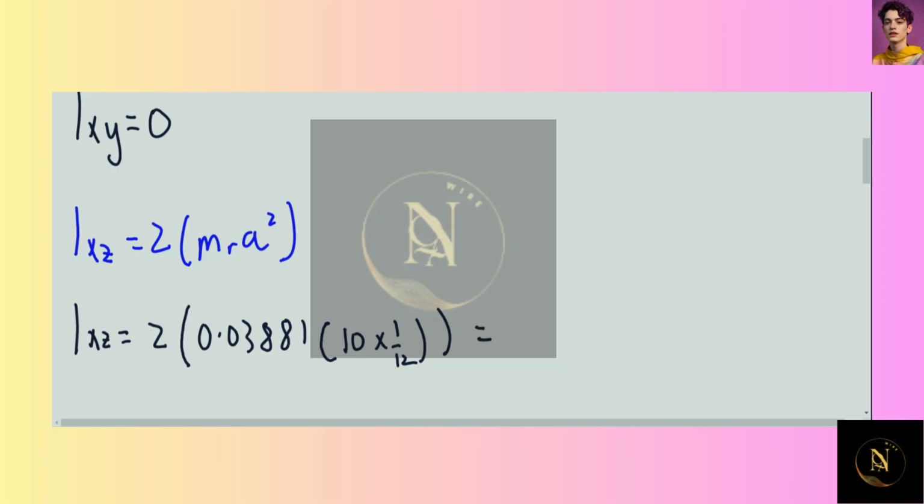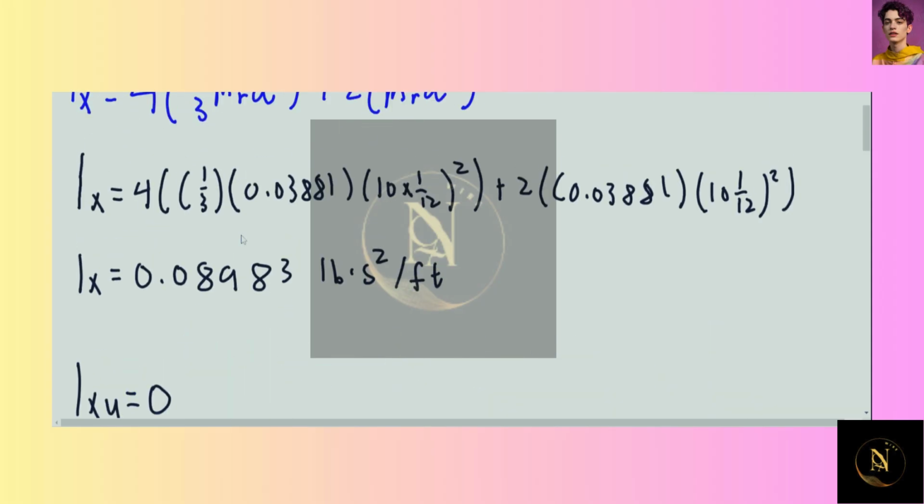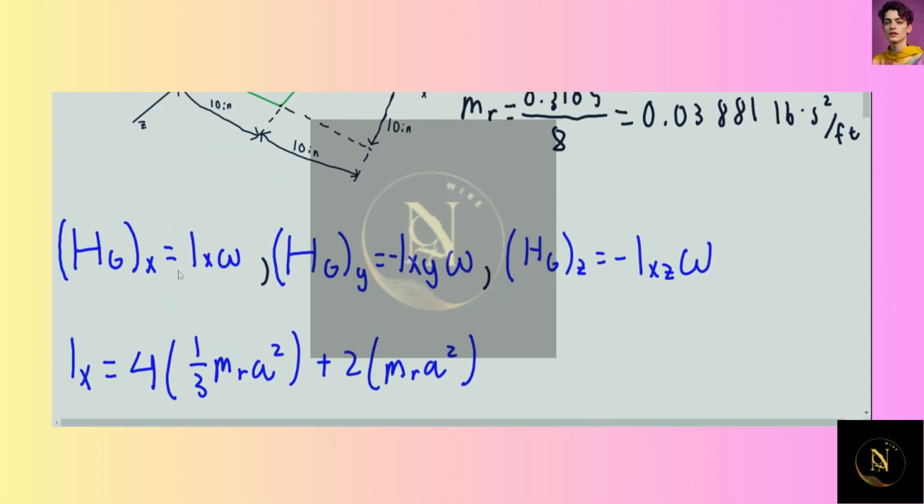And this will give us a value of 0.0539 pounds second squared per feet. So we now have all the components that we need to plug into these equations for the different vector components.